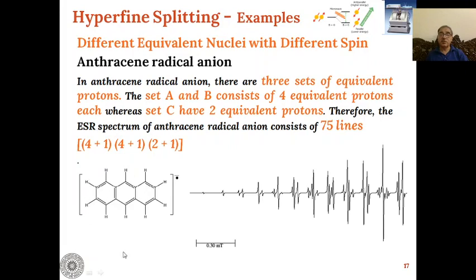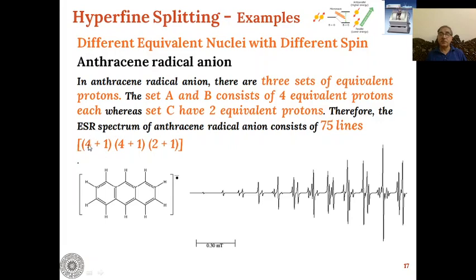If we put the value of m as 4 and I as half, then 2 into 4 into half is 4, plus 1. This comes out to be 5.